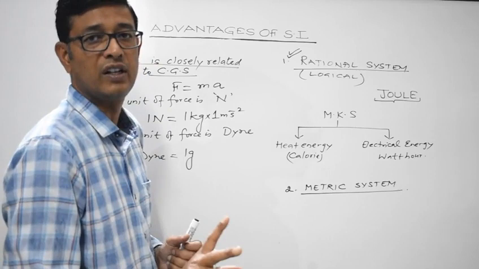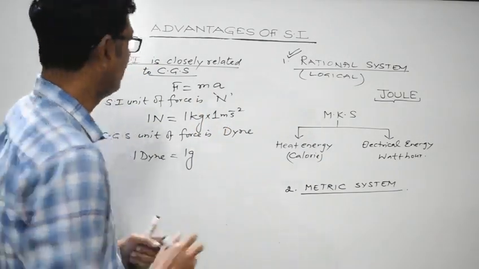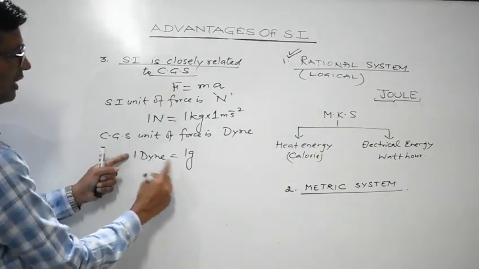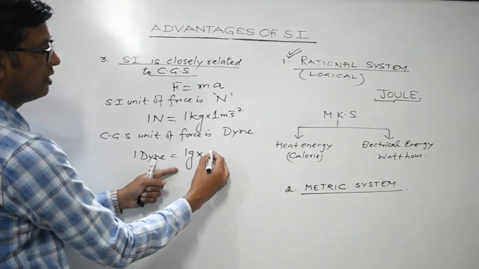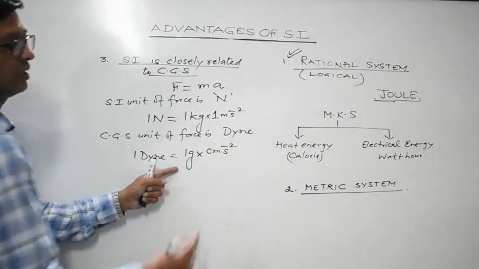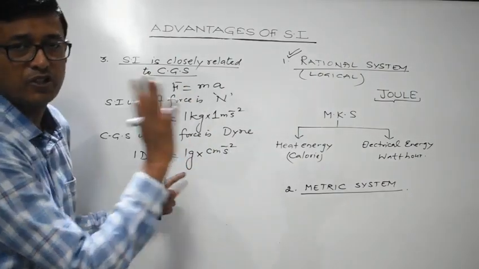Express all the physical quantities in one particular system, right? So in CGS it is dyne, mass is measured in gram, and acceleration is measured in centimeter per second square, right? Remember in CGS, length is measured in centimeter and time in second only.